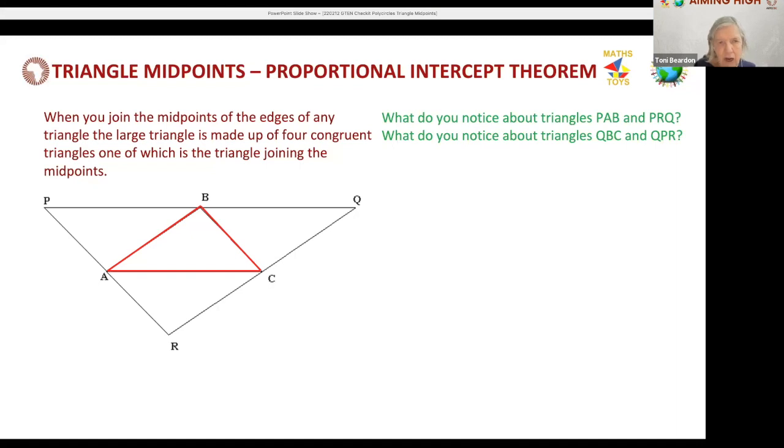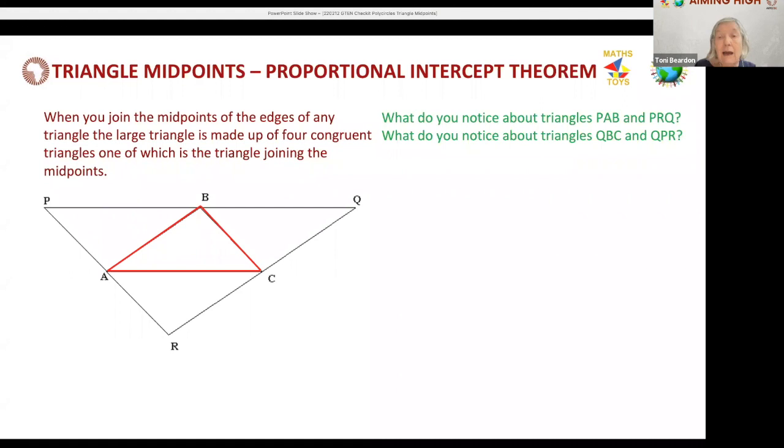It's similar triangles, but it's also an enlargement, like projecting an image on a screen with a light source at P. So the triangle PAB is enlarged by a scale factor 2 to give you PRQ.